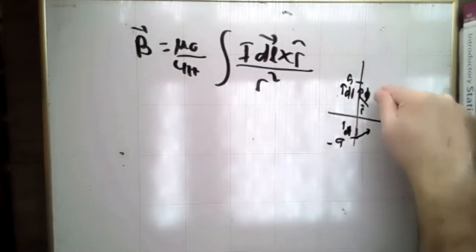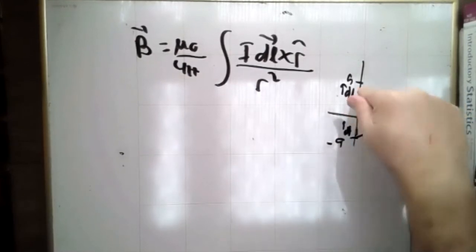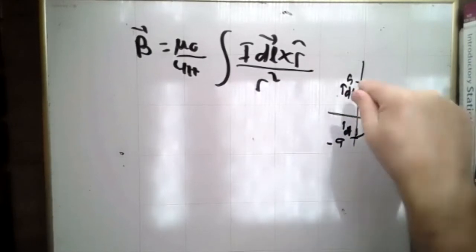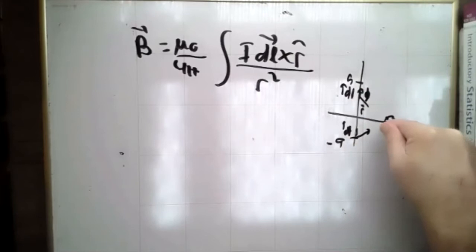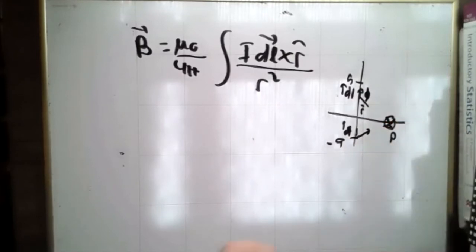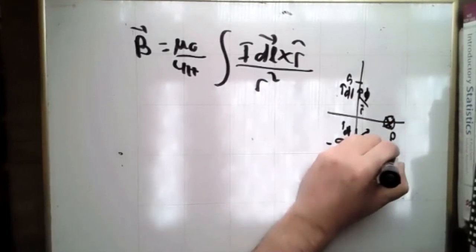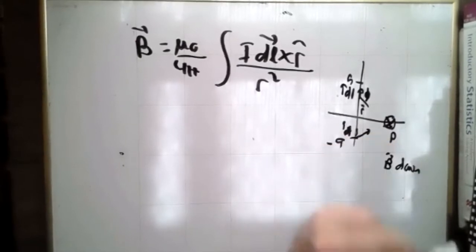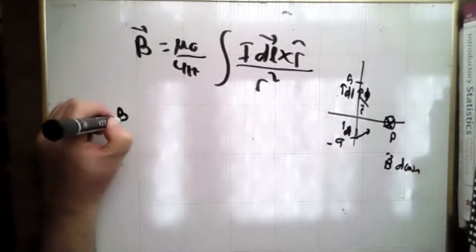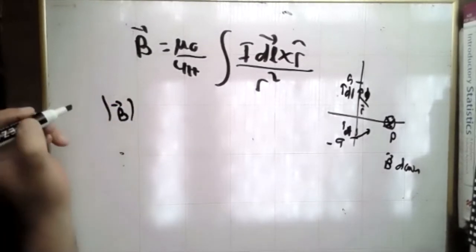It's not like whatever's here is going to cancel here. Every little chunk of current is going to create a different vector that are all going to add up to point down. So we know B points down.